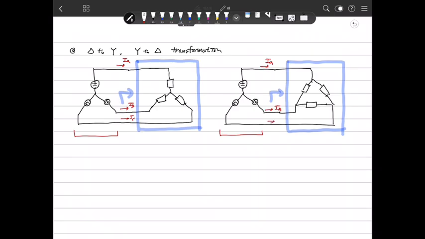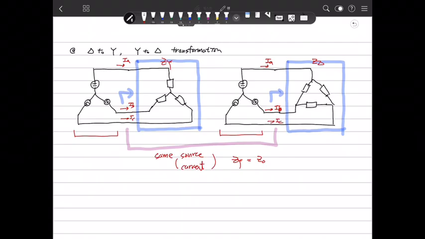So if the current is the same, same source, same current, then G Y and G delta are the same. So we can transfer the delta to Y or Y to delta. This is a transformation. This is a viewpoint of the load.